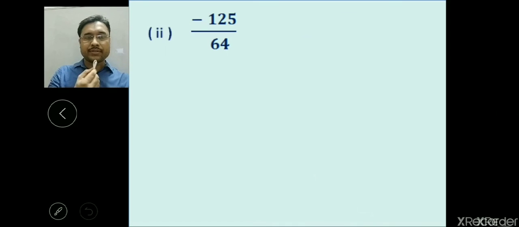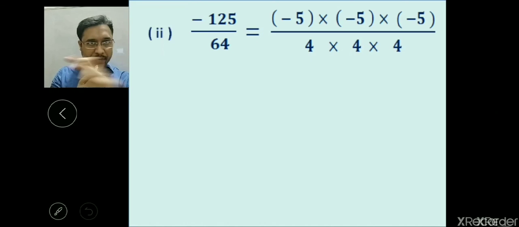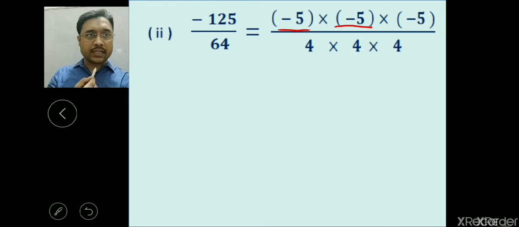Now the second number in the question was minus 125 by 64. First you will prime factorize minus 125, then you will get minus 5 into minus 5 into minus 5, which is minus 125.